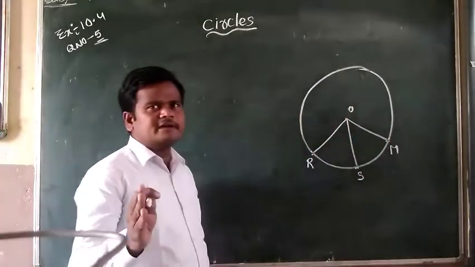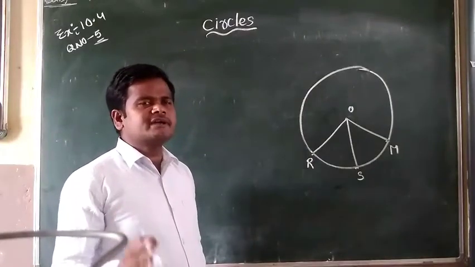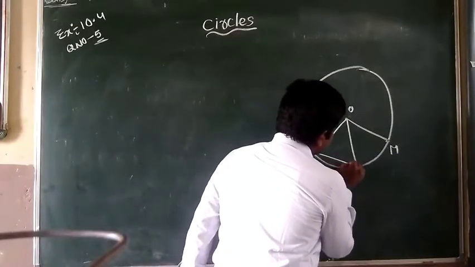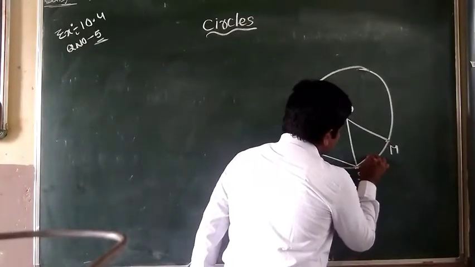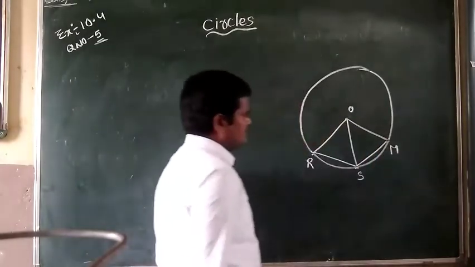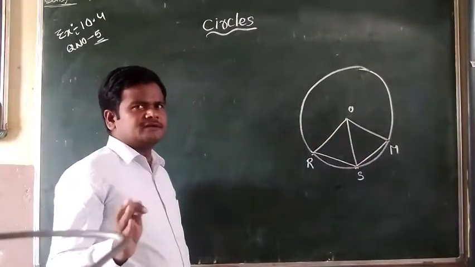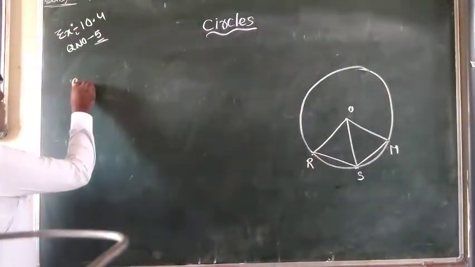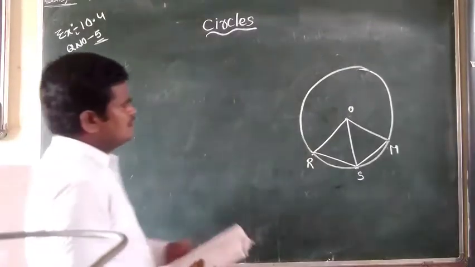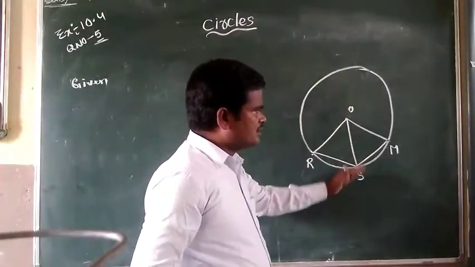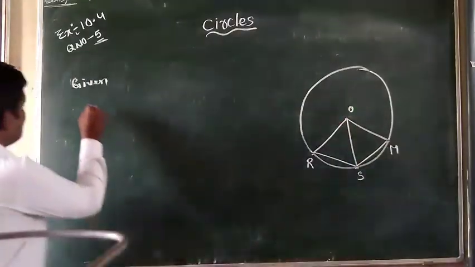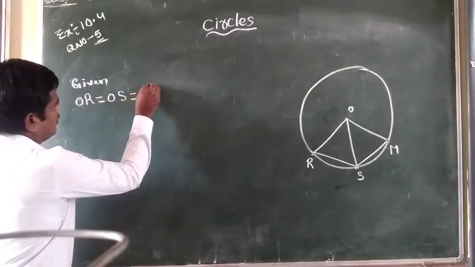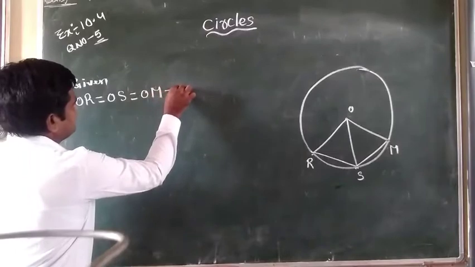Given that the distance between Reshma and Salma is 6 meter, and here this is also 6 meter. First we have to write the given. Here OR equal to OS equal to OM, this is the given 5 meter.